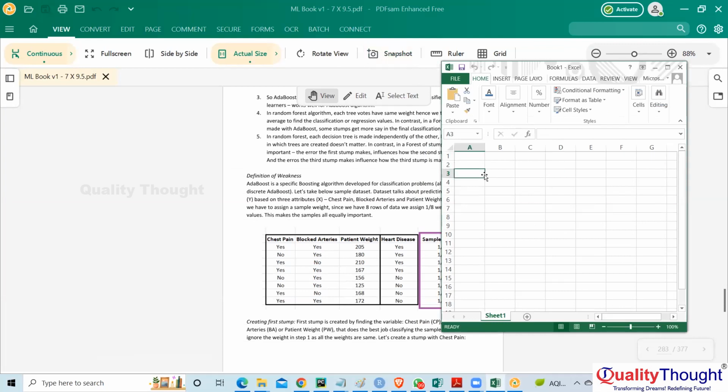Let me put that: chest pain, blocked arteries, and weight. And the output is heart disease.